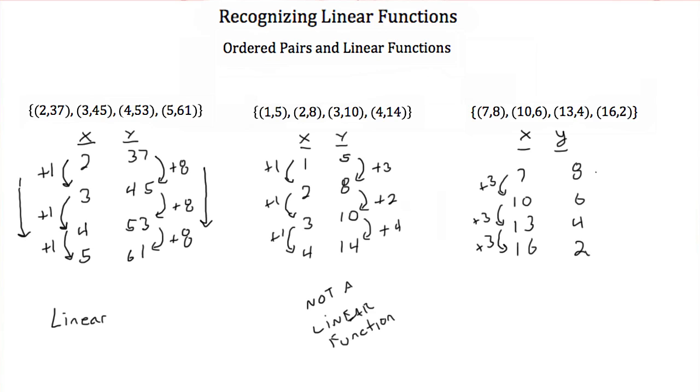And our y values decrease by 2, again by 2, and again by 2. So because the x's are increasing at the same value, 3, again and again, and our y values also decrease at the same value, this is a linear function.